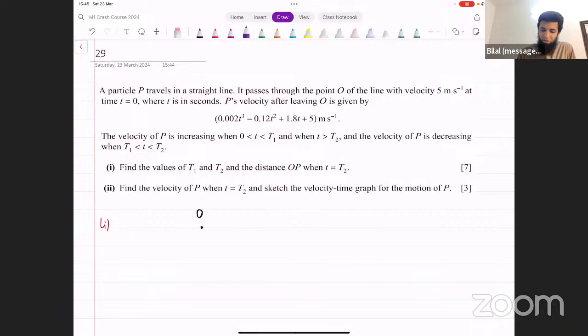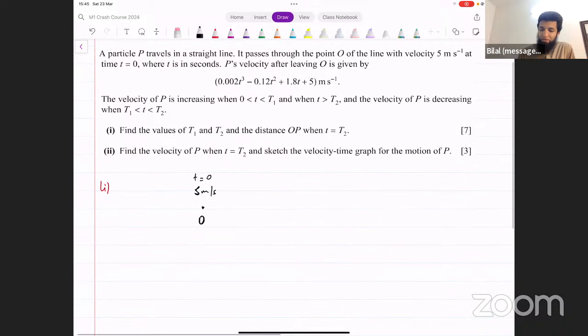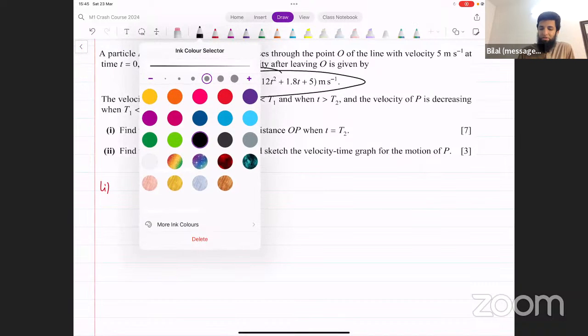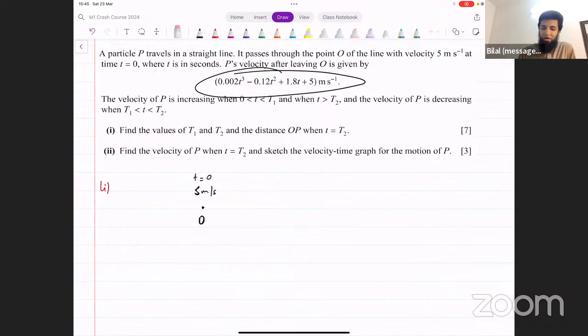At this point O, we are given that the velocity of this particle is 5 meters per second. Time is 0 at this point. P's velocity after leaving O is given by this. This is an equation that we have for P's velocity after leaving O.